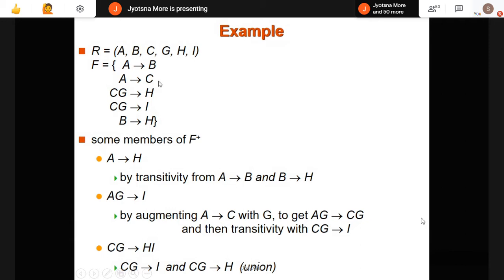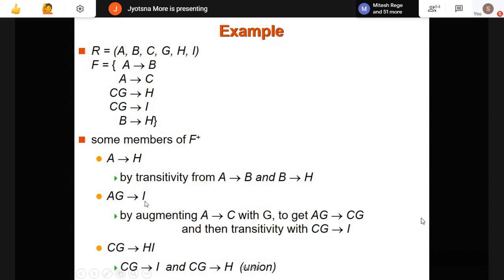AG determines CG. A determines C, augmented with G, gives AG determines CG. But CG determines H and CG determines I. So instead of AG determines CG and CG determines I, I can say AG determines I. So I got AG determines I.